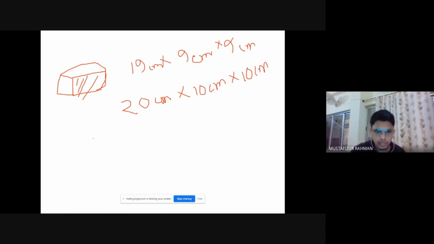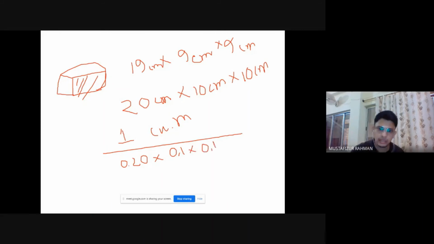So if we divide 1 cubic meter by this size, the volume of one brick is 0.2 multiplied by 0.1 into 0.1. This is the volume of one brick with the mortar that will be required. If we do that, this comes out to be 500. Okay, so this value we should remember.